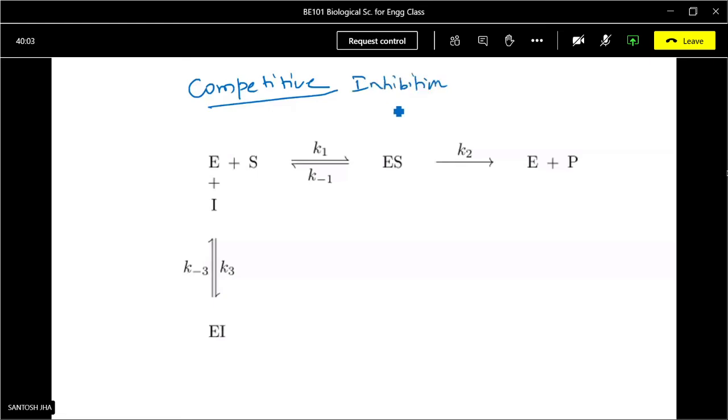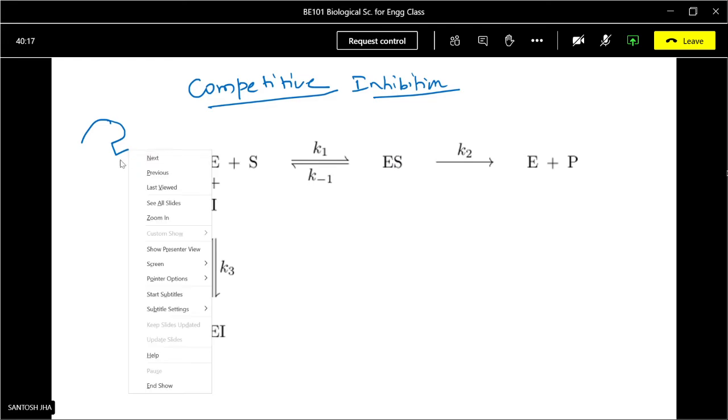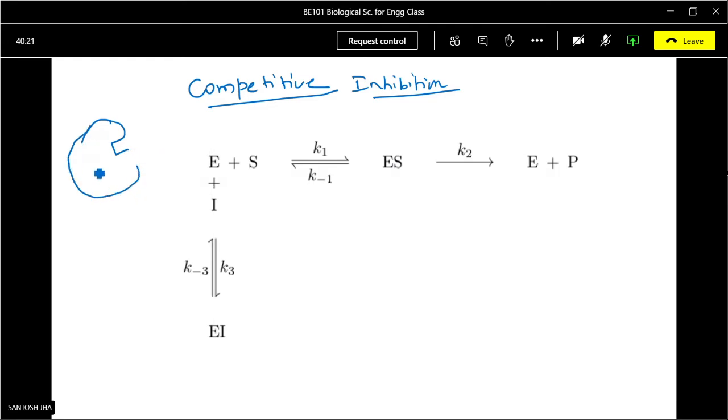As the name suggests, there is a competition. On the surface of the enzyme, suppose this is the enzyme, and this is the active site present over the enzyme.